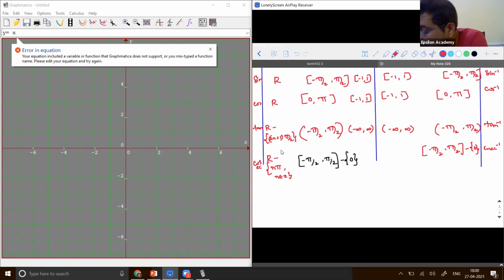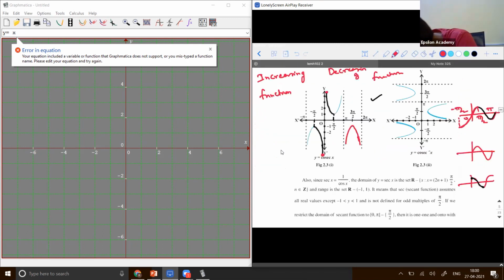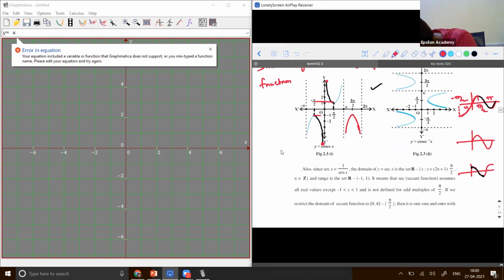What is it, guys? We forgot one point. It will give any real number except, it cannot give you the values between minus 1 and 1. Because see, here there is no graph at all. This area is completely empty.